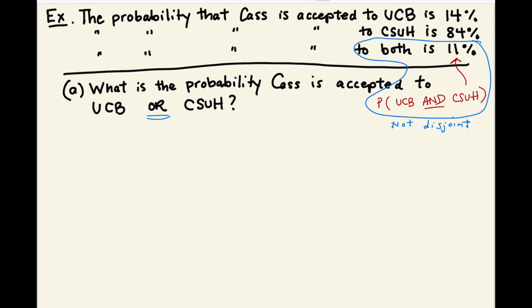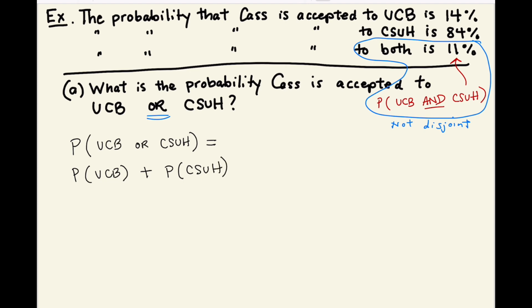So the probability that Cass is accepted to UC Berkeley or Cal State University Hayward is equal to the probability Cass is accepted to UC Berkeley plus the probability Cass is accepted to CSU Hayward minus the probability that Cass is accepted to both colleges, so UC Berkeley and Cal State University Hayward.